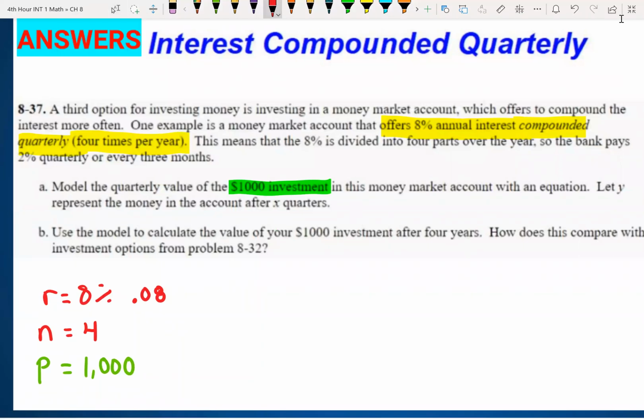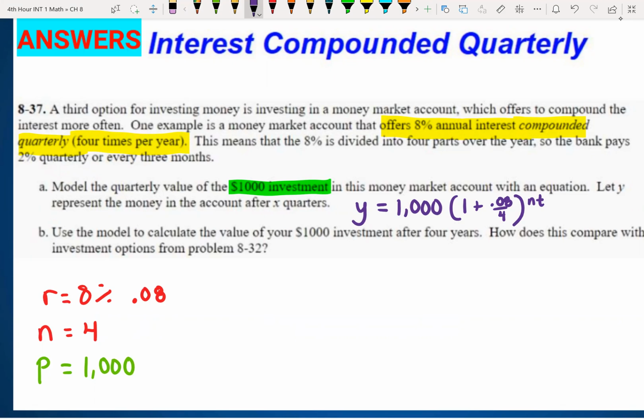All right, so looks like we've got our money, right? Our principal. And now we're going to start with 100% of our value. But what we ended up doing was taking that 8% and dividing it by 4. So that's going to turn into 2% here in just a second. One interesting note is the next part is usually n times t, which would give us 4t.